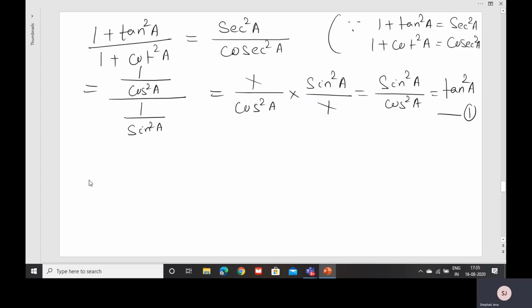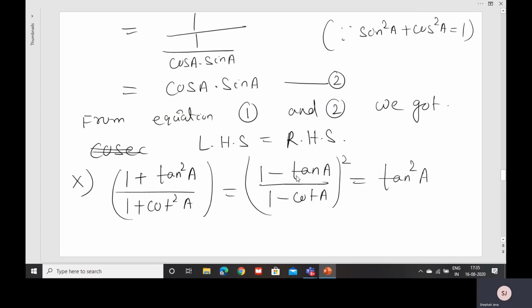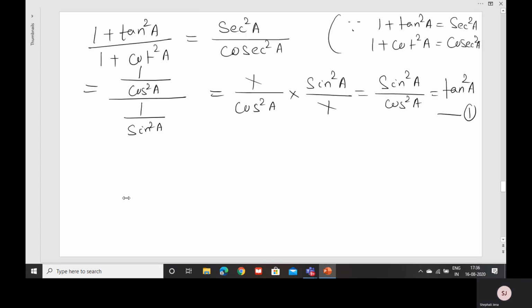Then again we should go to the second one. Second one is (1 minus tan A divided by 1 minus cot A) whole square.